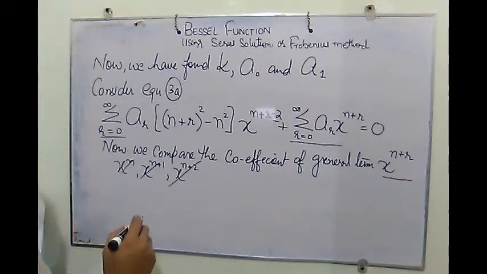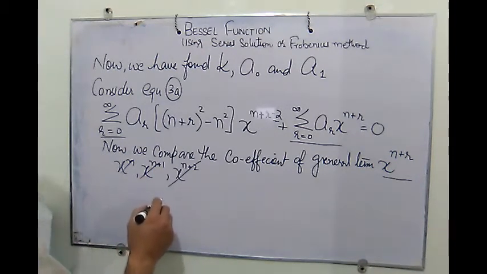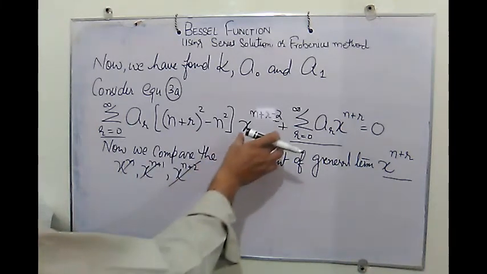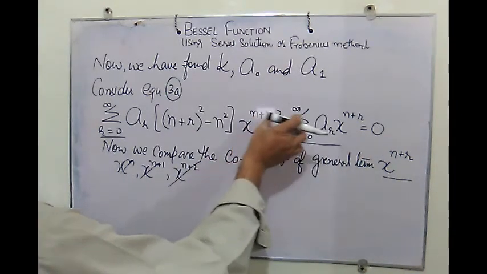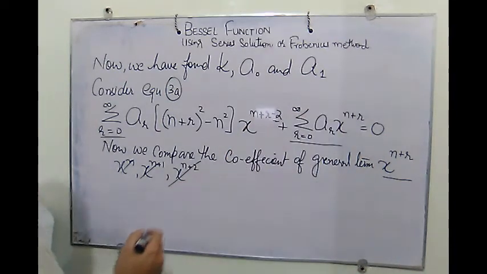For example, if x^(n+r-2) has power 5, then x^(n+r) will have power 7. If x^(n+r-2) has power 20, then x^(n+r) will have power 22. So this power is 2 steps behind this one.